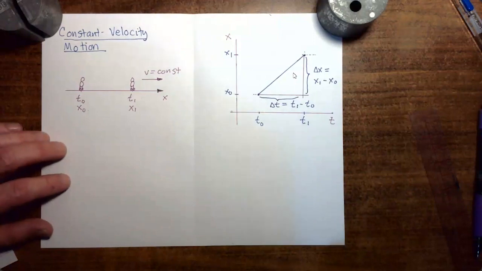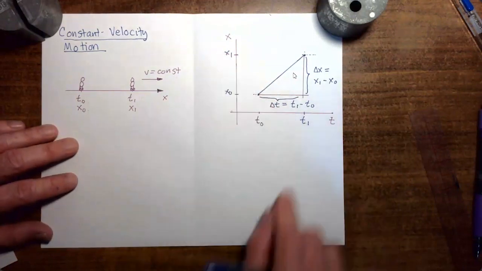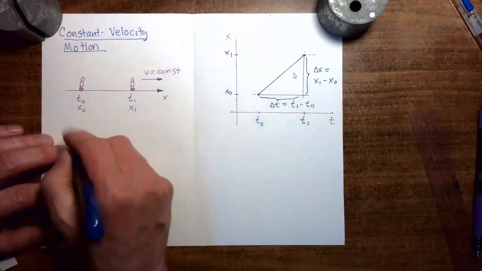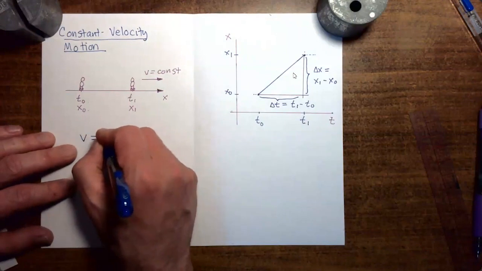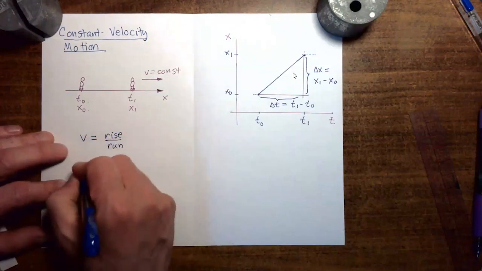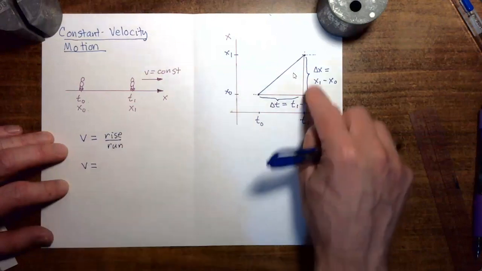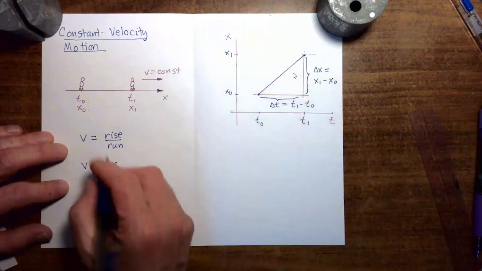And as we discussed before, the velocity is the slope of the position versus time plot. So coming back to here, we can say that the velocity is rise over run. Now, the rise would be delta x, and the run would be delta t.